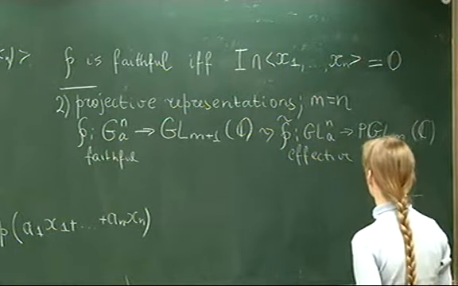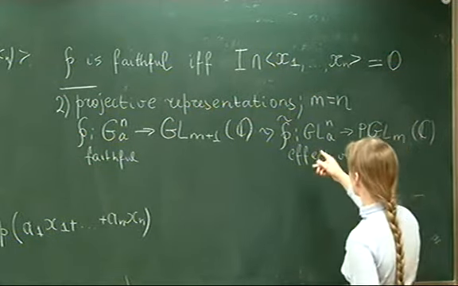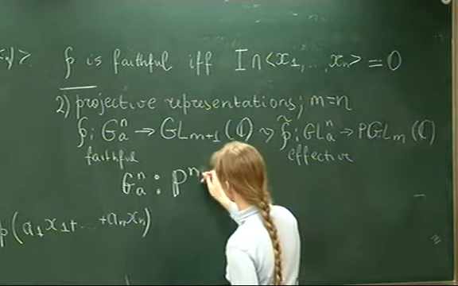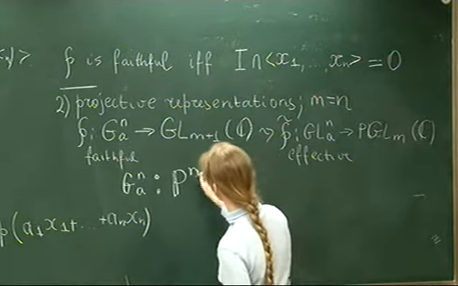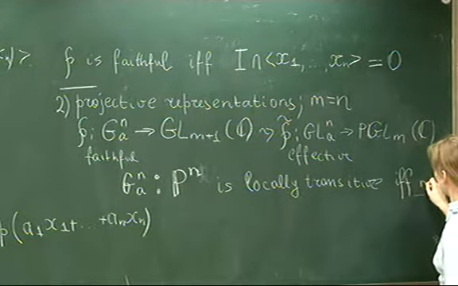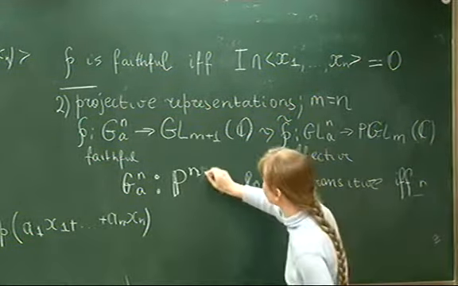And the corresponding action of the group G_a^n on the space P^m, the same, is locally transitive if and only if m equals n.